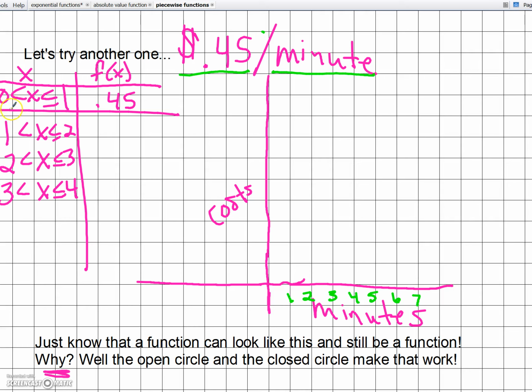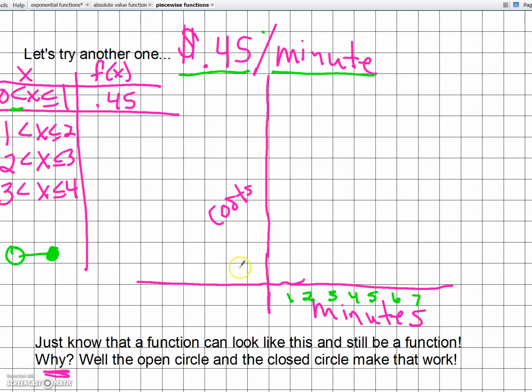If x is greater than 0, so I've talked on the phone at some point, notice there's no equal sign, so it's going to be open. And then x is less than or equal to 1, which means that will be a closed circle. So my lines should look like this on my chart.